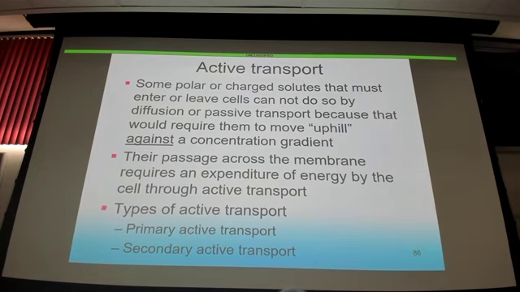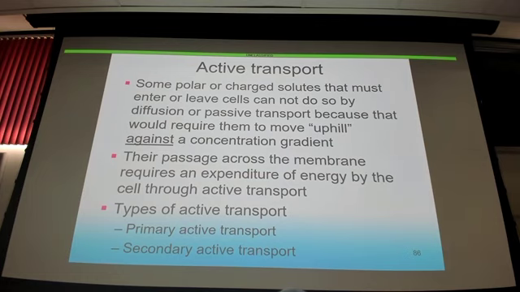But what if I have 5,000 molecules of sodium outside the cell and 10 inside, and for whatever purpose I need to move sodium out of the cell, to where the 5,000 are?